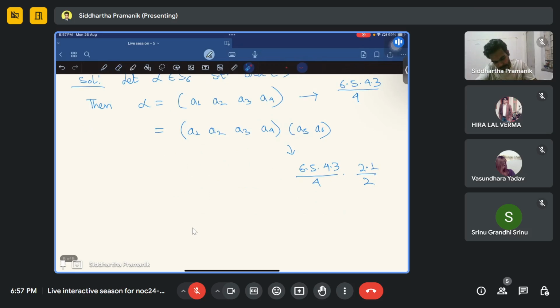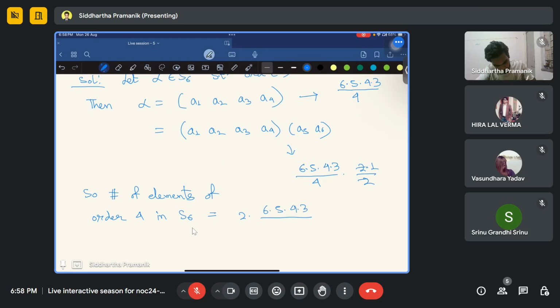So the total number is this plus this. The number of elements of order 4 in S6 equals, so this we can cancel out, these are the same, so 2 times 6, 5, 4, 3 by 4. So this is 2 times 6 times 5 times 3.